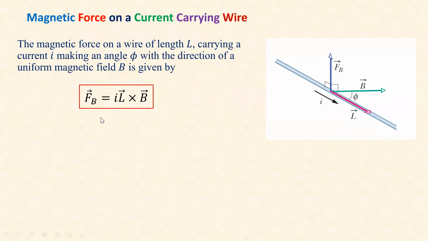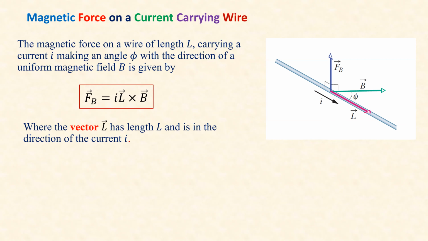So we can write it this way. So if the length is L, and here we are actually defining a length vector, which is along the wire and in the direction of the current. So that is the length vector of the wire. If you cross that by the magnetic field and then multiply by the current, you get the force on the wire. All right.